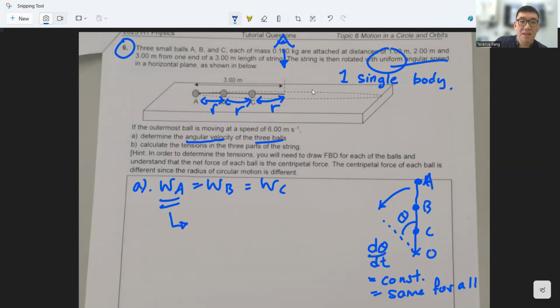So how do you find one? The same thing applies. This is your V for which ball? A. Okay, so you can find omega A. This 3 meters will be the radius for which ball? A as well. So what formula has V, R, and omega?